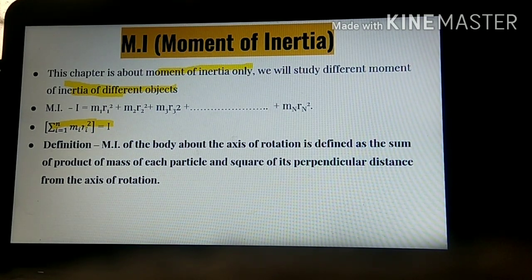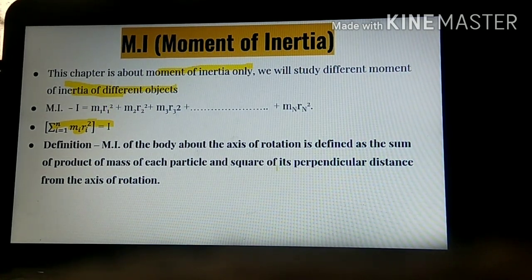For this definition, what do you see over here? It is a product of mass as well as radius square. So that's what has been written. It is defined as the sum of the product of the masses of each particle and the square of the perpendicular distance from the axis of rotation.